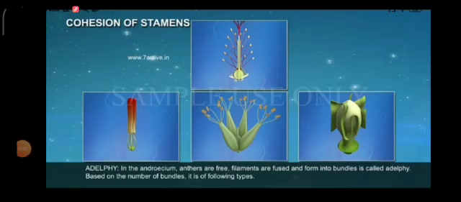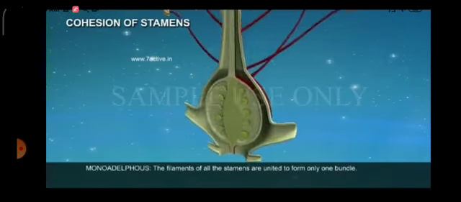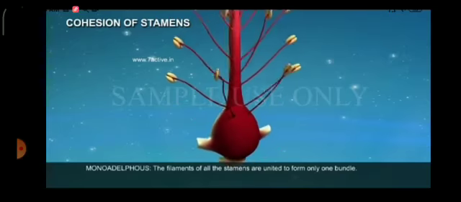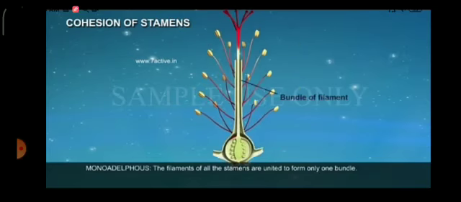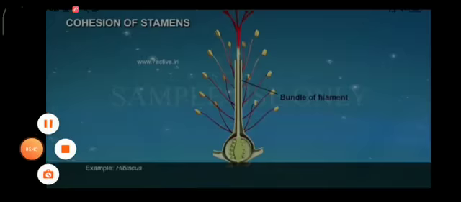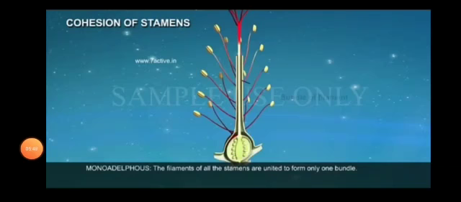So children, we are moving with its following types. The first type is monoadelphous. What is this saying? The filaments of the stamens are united to form only one bundle. Here you can see the anthers are free but the filaments are fused into one stalk-like structure. So here only one bundle is formed.